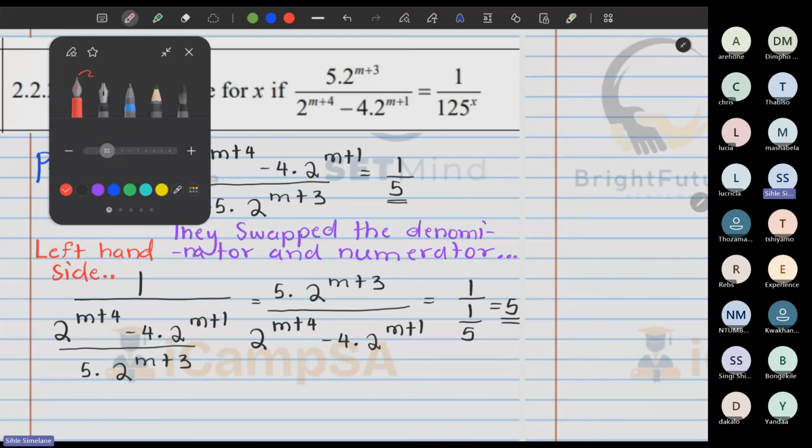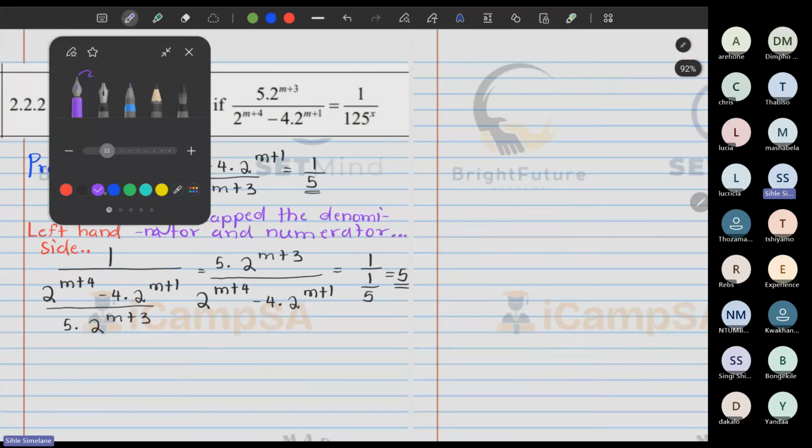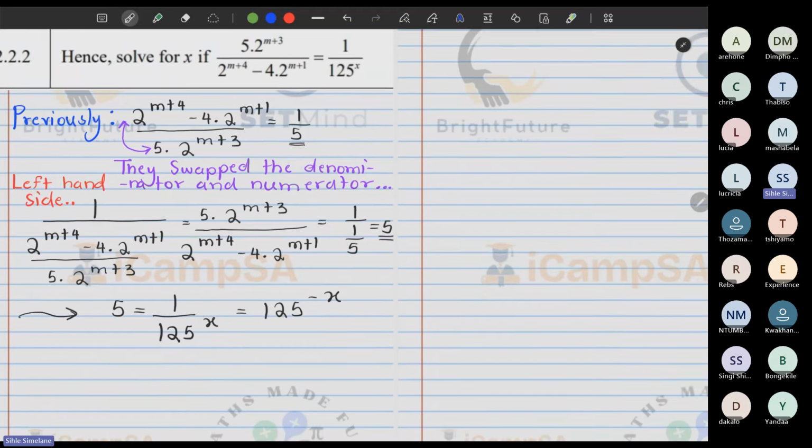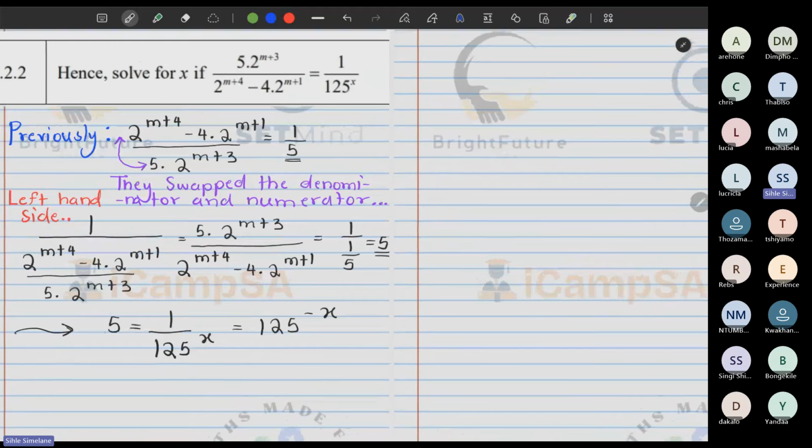So all this means is that because we are solving for x, the left-hand side is just the 5. So we just have 5 equals 1 over 125 to the power of x. And I can write this as 125 to the power of minus x. So this is a base 5 problem, guys. What should we do to the 125?